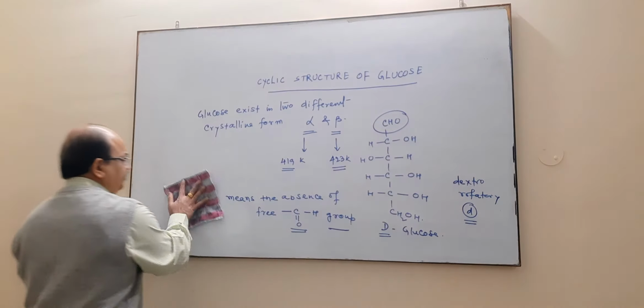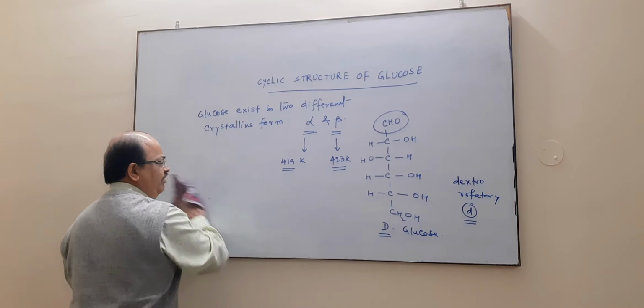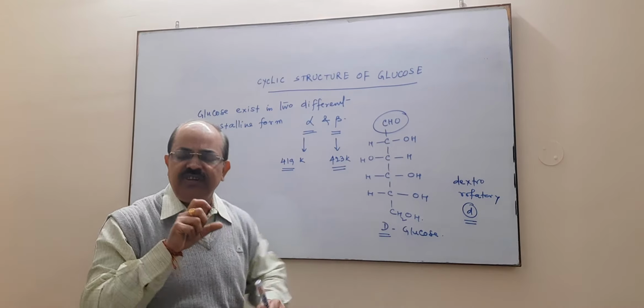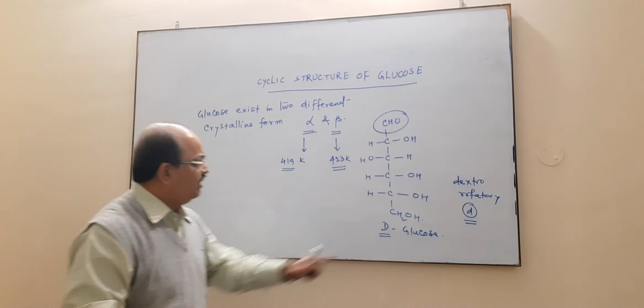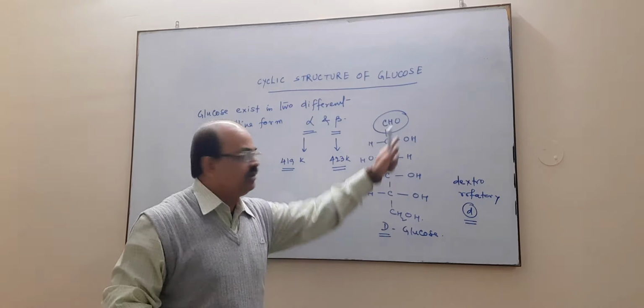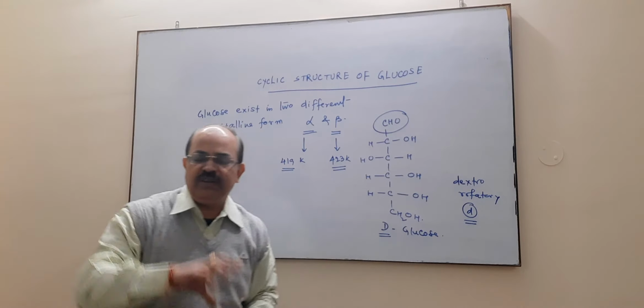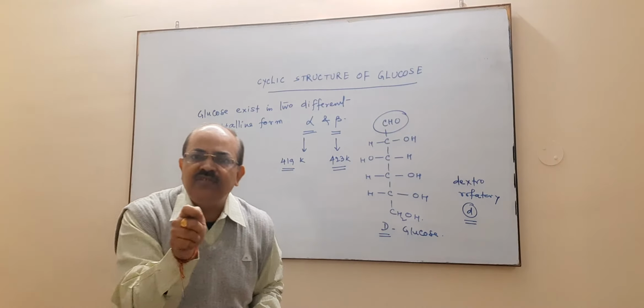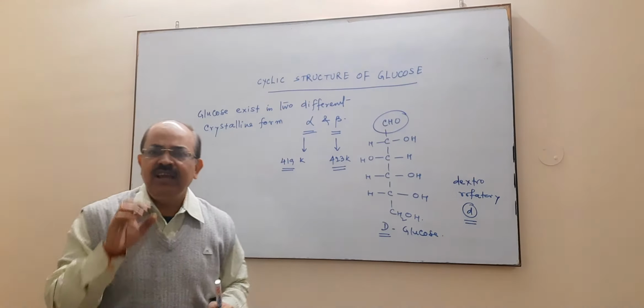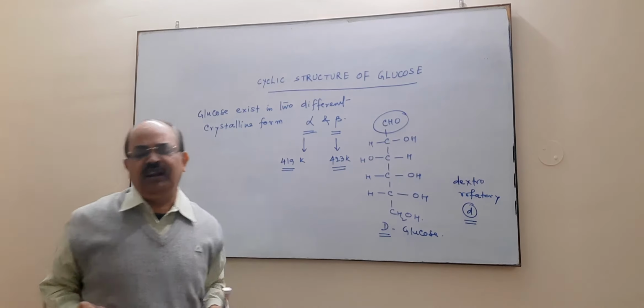It means it must have a hemiacetal form. Now hemiacetal form means this aldehyde group and this OH group must be joined with an oxygen link. So that's why it has a hemiacetal link.